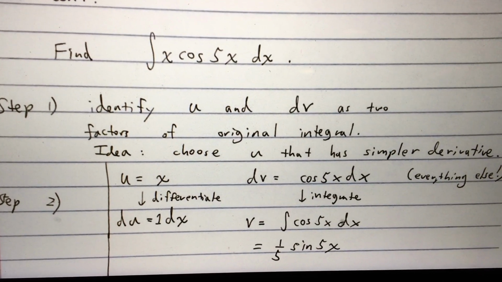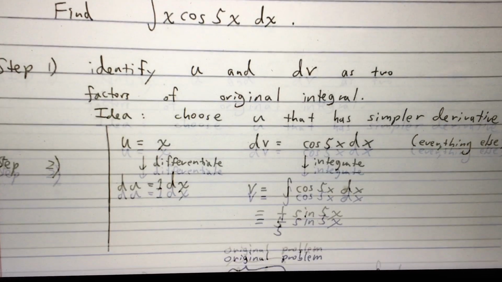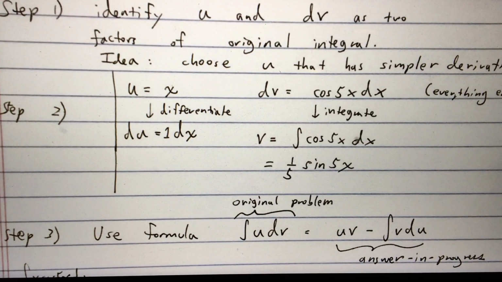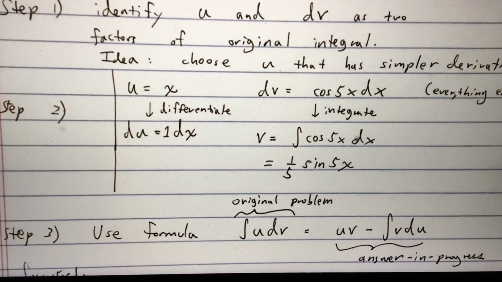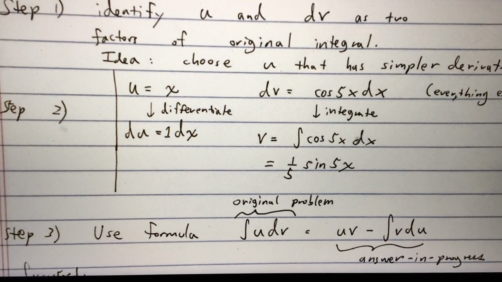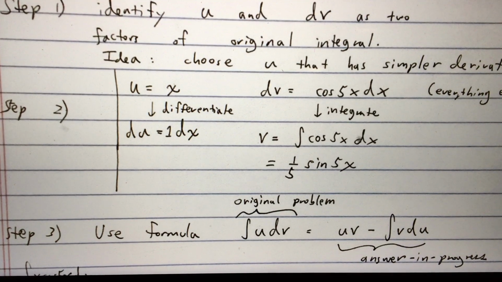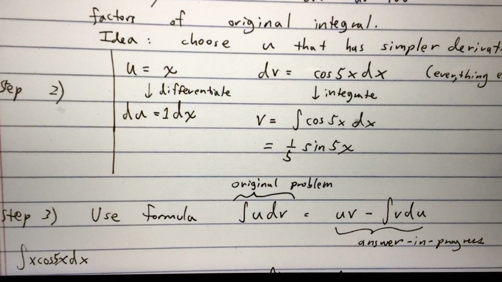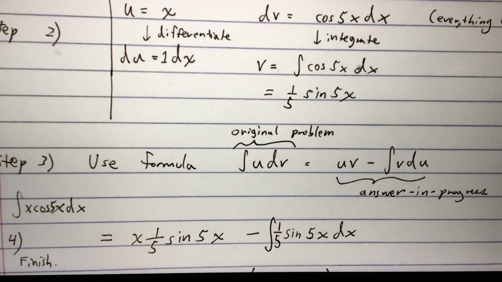And now I do a substitution step so that I can solve the rest of the problem. Alright, so I use this formula. My original problem is the integral of u times dv. And the answer turns out to be u times v minus the integral of v times du.